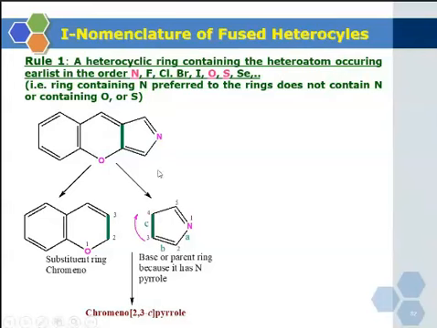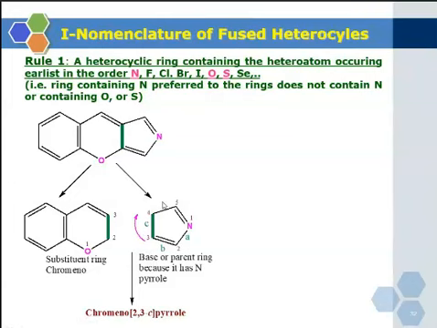So this will become the parent ring and this will become the attachment. Here you can see both the rings are separated to clearly show you the substituent ring and the parent ring. Here the parent ring is pyrrole and the site of fusion is side C between number 3 and 4.